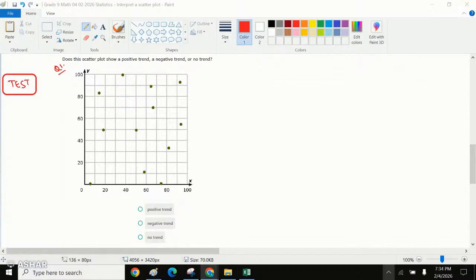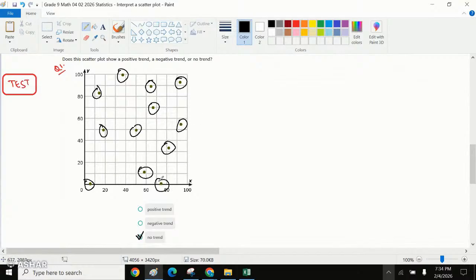It cannot be negative, right? Thank you for the answer. That means it shows no trend because the points are scattered throughout the diagram. They're not concentrated. They are not focusing in a particular direction. They are spread out. Thank you.